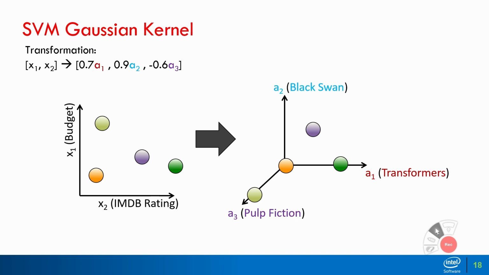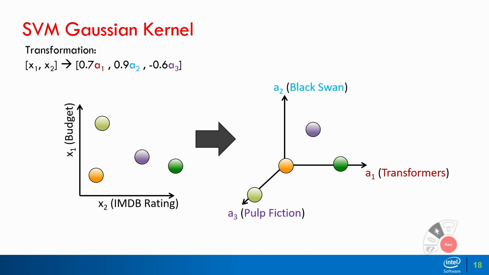For an input data sample X in rating and budget two-dimensional space, we calculate the distance between X and Transformers using the Gaussian function. It is the first new feature, A1. The Gaussian distance between X and Black Swan becomes the second new feature, A2. The third feature, A3, is the Gaussian distance from Pulp Fiction.